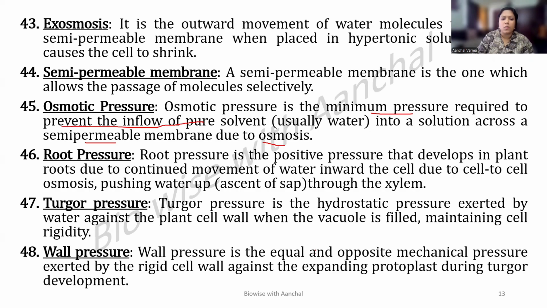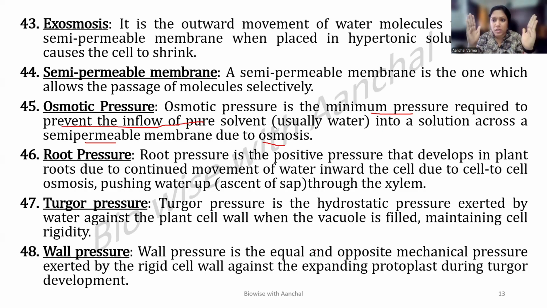Yes. Next one, wall pressure. Wall pressure is the equal and opposite mechanical pressure exerted by the rigid cell wall against the expanding protoplast due to the turgor development. Now, since there is water getting accumulated in the cell, the cell does not want to burst. So the cell wall tries to protect the cell from bursting. It applies equal pressure in the opposite direction.